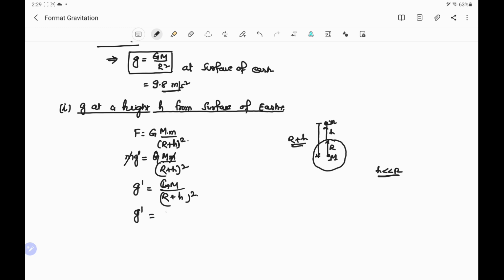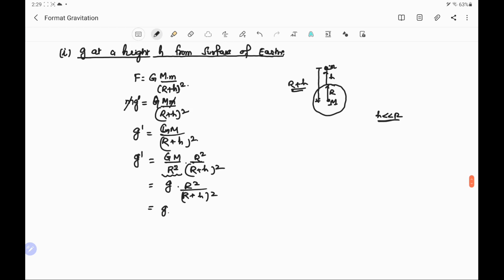We can also write it as G M by, now we divide by R square and multiply by R square. It does not affect the value of g dash. From the above question number 1, this value G M by R square is g, the acceleration due to gravity at the surface of earth, into R square by (R plus h) whole square.